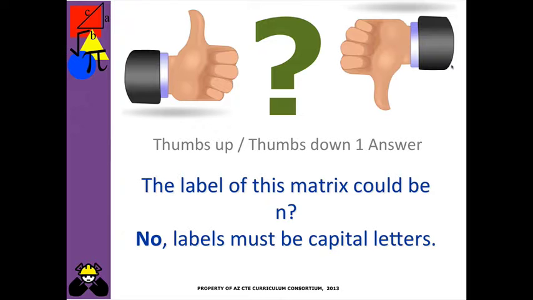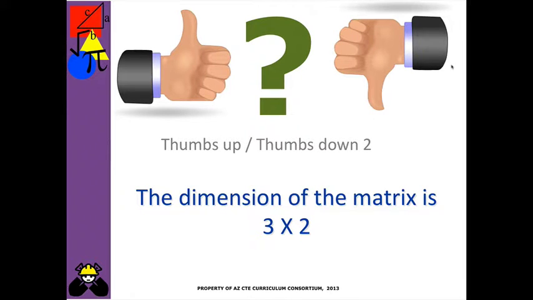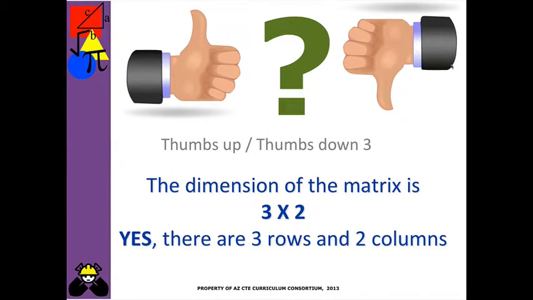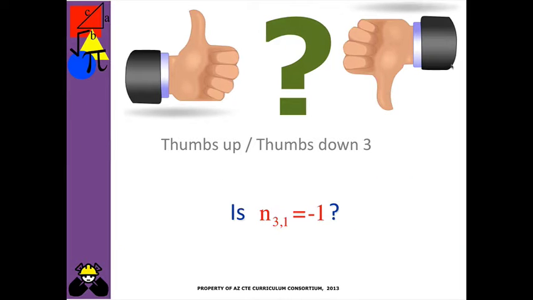Let's try another thumbs up and down. The dimension of that matrix is a 3 by 2. Teacher, have the students signal to you thumbs up or thumbs down. Let's check. Yes, there were 3 rows and 2 columns in my matrix. So that was a yes.